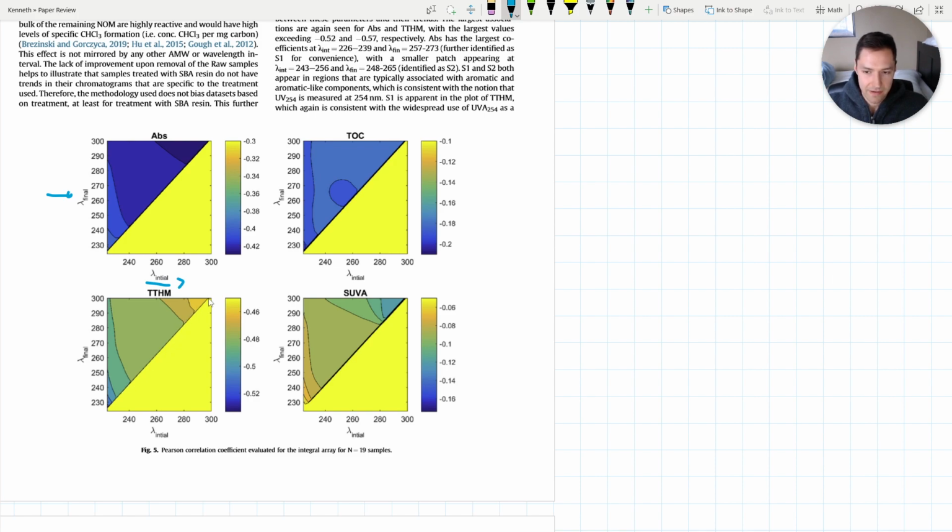So just to be super clear, right down here, all the way down here refers to if we were to take lambda initial, right here, at 230 nanometers and integrate the curve all the way up until 300, and we were to correlate that with trihalomethanes, would it be higher or lower? What would be the Pearson correlation coefficient? If that sort of makes sense.